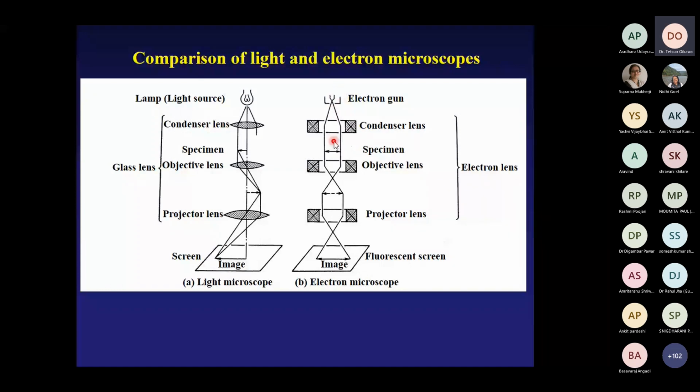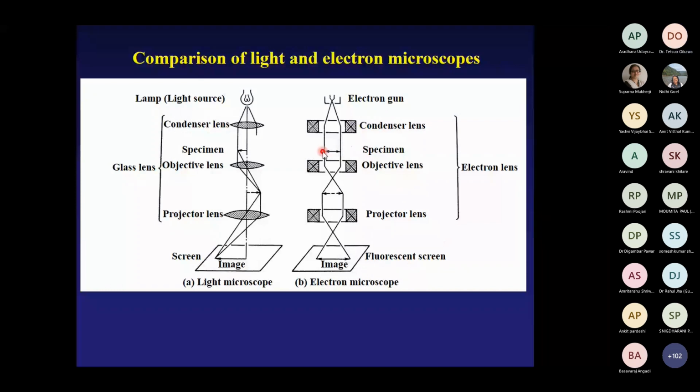The condenser lens, made of a magnetic lens, focuses the beam on the specimen, giving a transmitted image by electrons. The specimen should also be very thin so electrons can be transmitted, with a thickness of approximately less than 200 or 300 nanometers.